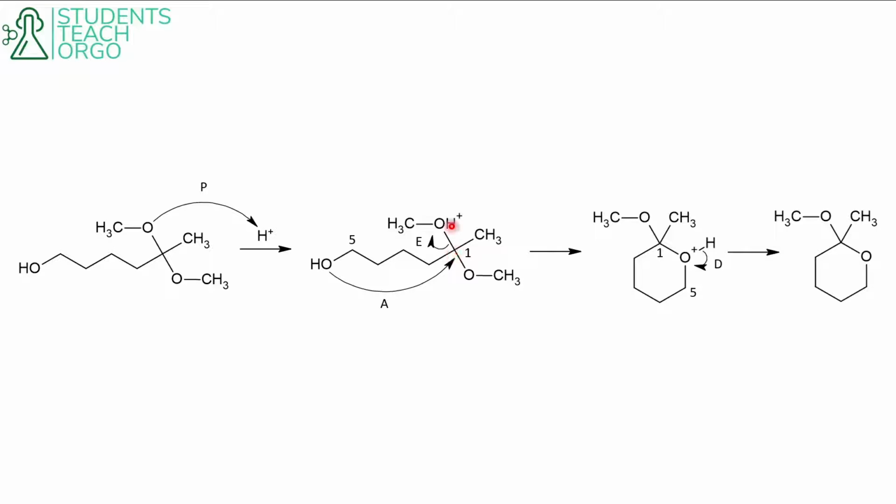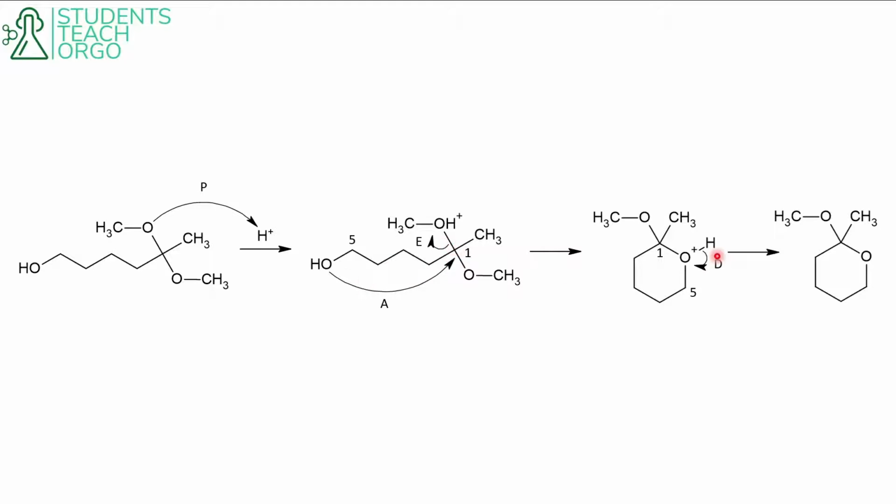In order to do that, we kick off this methanol group that we just made, right? And that's our elimination step. So by protonating this oxygen here, initially, we make this entire OR group sufficiently stable as a leaving group, which allows us to break this bond pretty easily and allow this O to form a bond to what was initially our acetal carbon. Okay, so I hope that's clear.